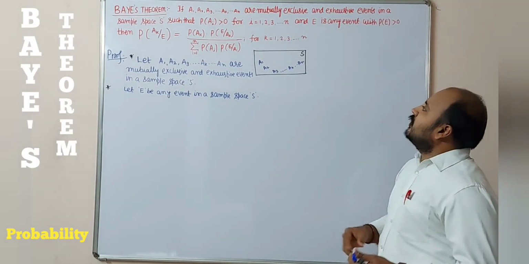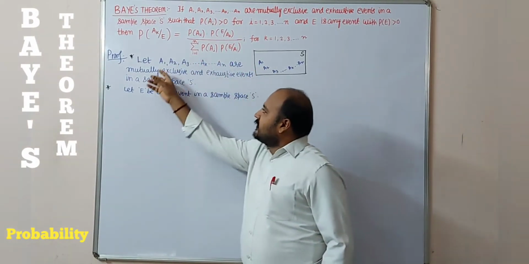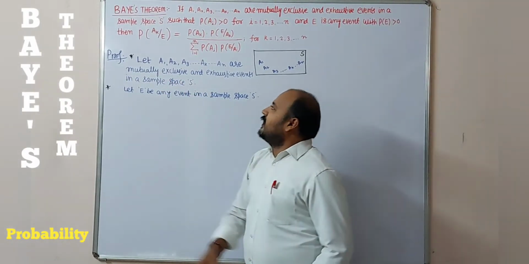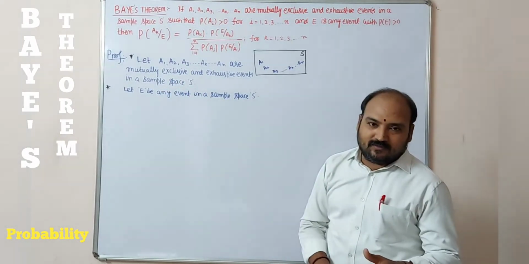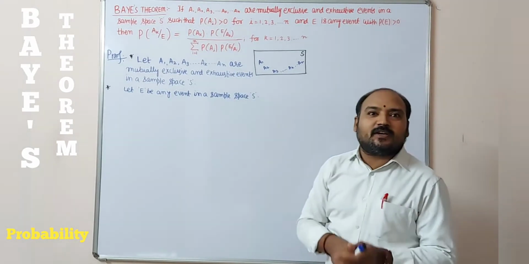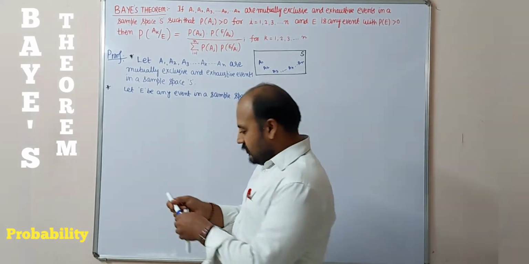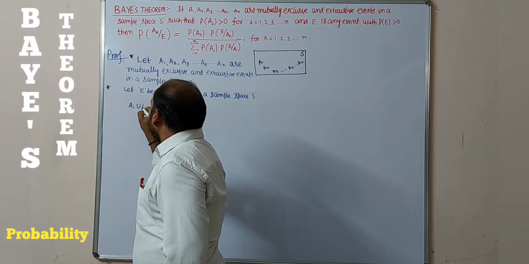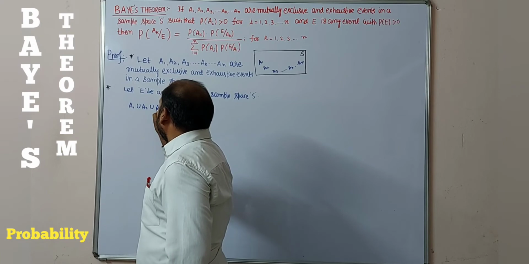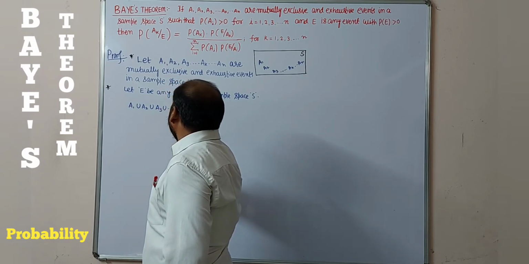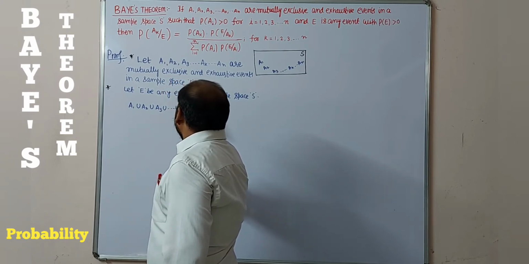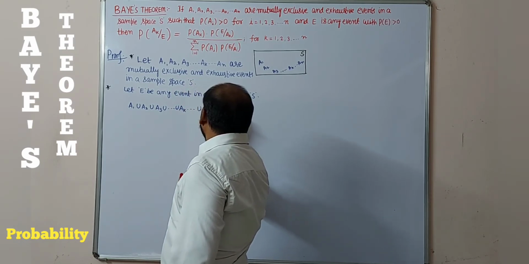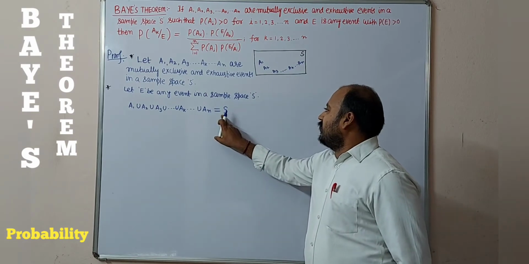And the union of these mutually exclusive, exhaustive events, that is the definition of exhaustive events, represents the union of these, that is A1 union A2 union A3 union and so on AK and so on union AN is equal to the sample space.